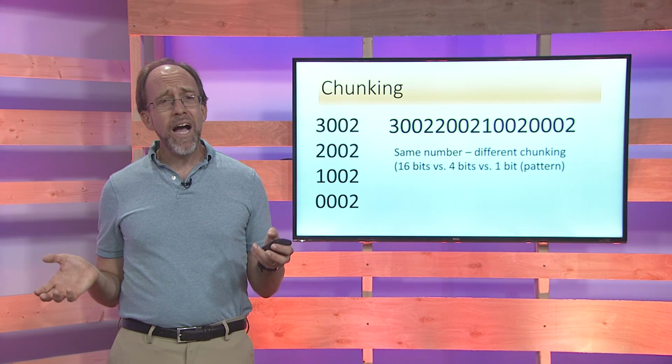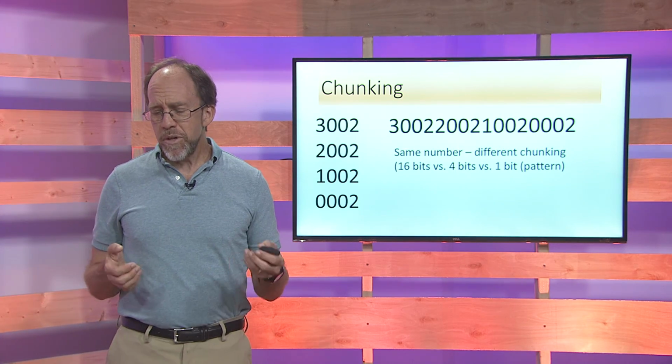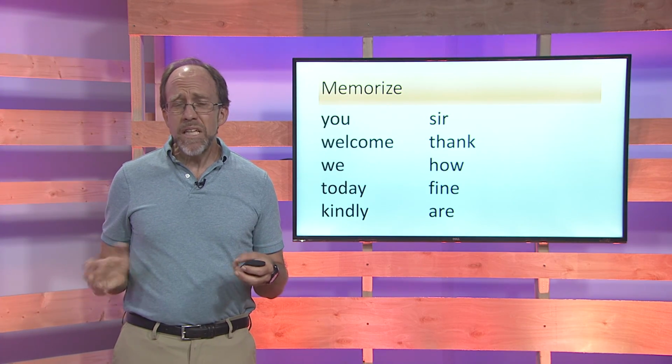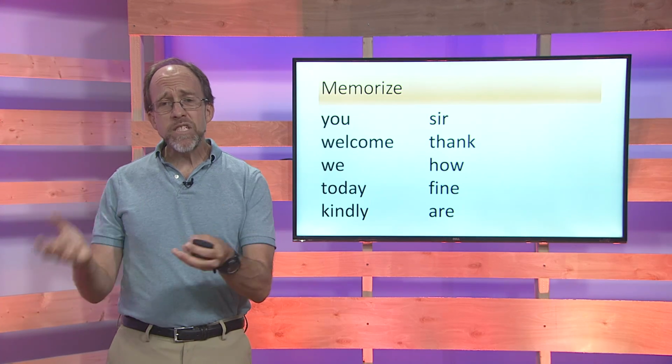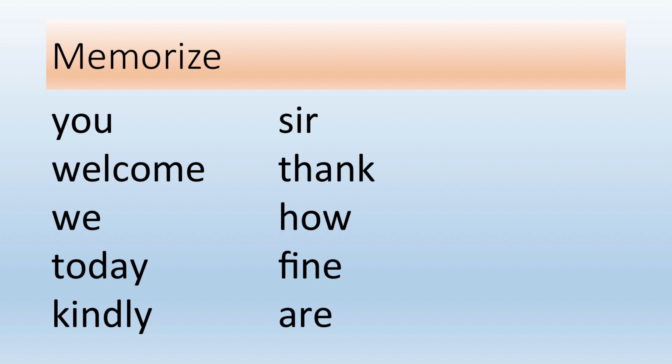And your mind sometimes automatically chunks things. So another one, very simple one, take these words and try to memorize each of the individual words. Well, they all become individual chunks of information because there's no relationship between them in the way that I presented them.